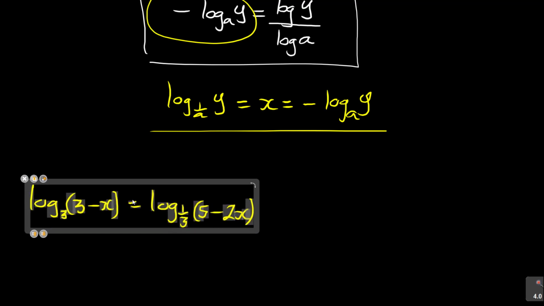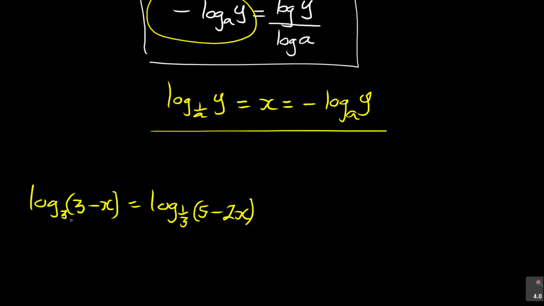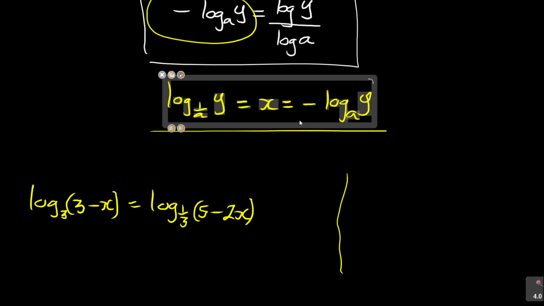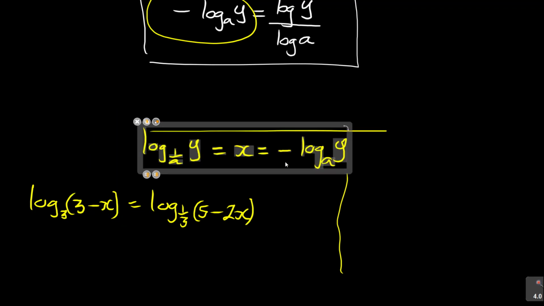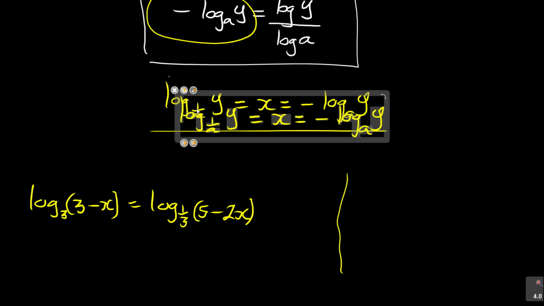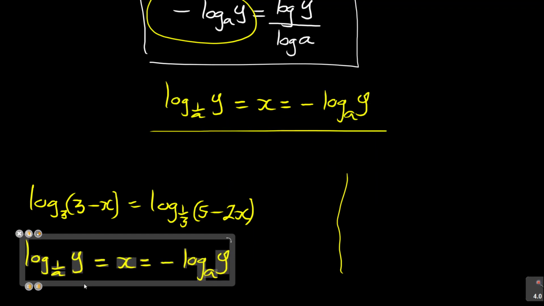We are given this to say hence determine the value of x. Remember I've got this condition here that we were using. Let me actually duplicate this. So we have this condition.